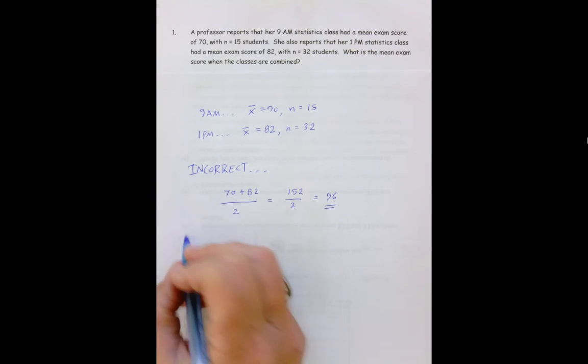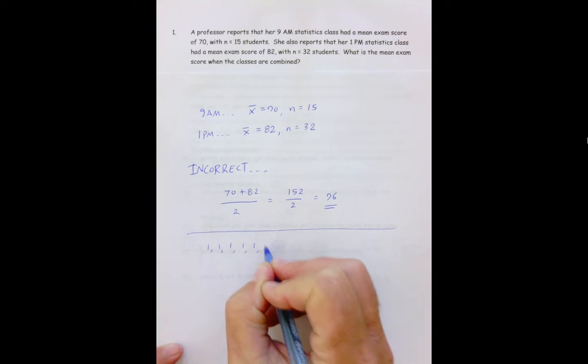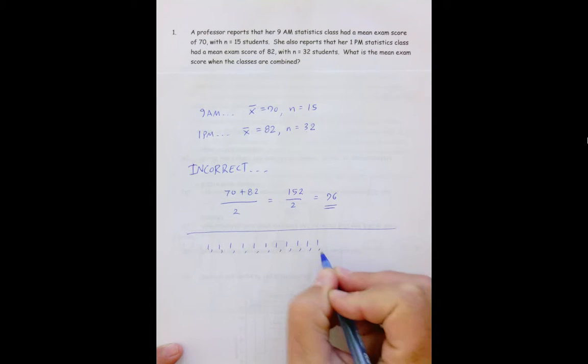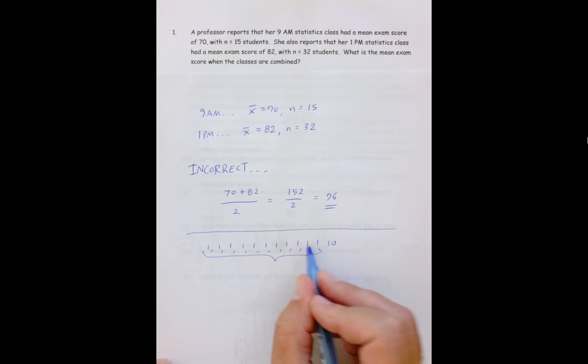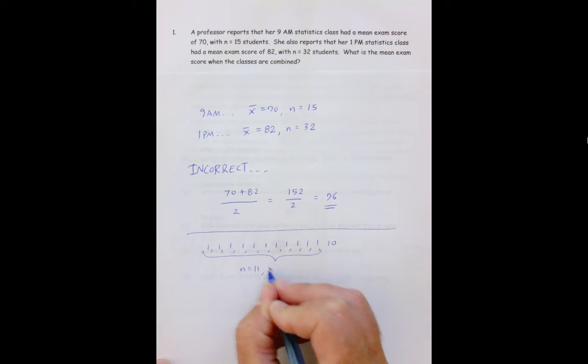For example, what if I have the following numbers? Well, the average of my first 1, 2, 3, 4, 5, 6, 7, 8, 9, 10, 11 is 1.